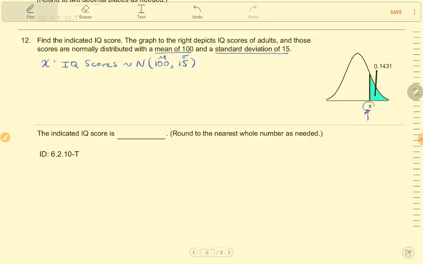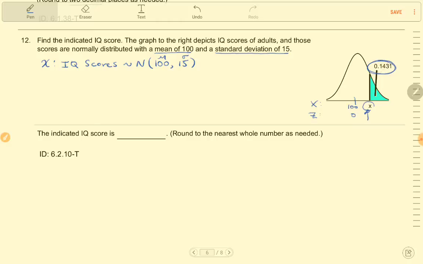Now I'm going to do this as if I'm using my z-score table, which means I'm going to look for an area in the table of 0.1431. Then I will find whichever z-score lines up with it, and I can see that this is to the right of the mean. So whatever the mean is, which is 100 for my x values, for my z-score scale, that would be a 0.